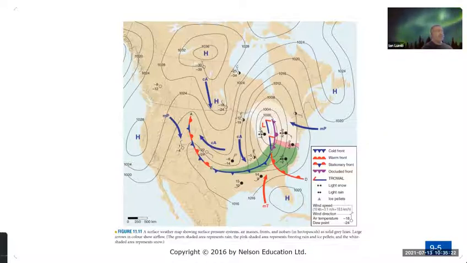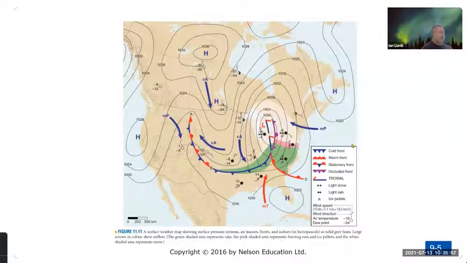Basically, these two fronts, which are two planar surfaces, they intersect at some angle, and the trough is that angle, that line of intersection, okay? And it further gets projected back down onto the surface. So this is a so-called surface analysis. It's an analysis of what would be observed at the surface.